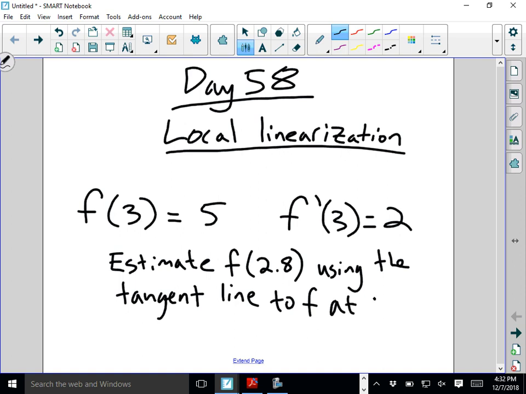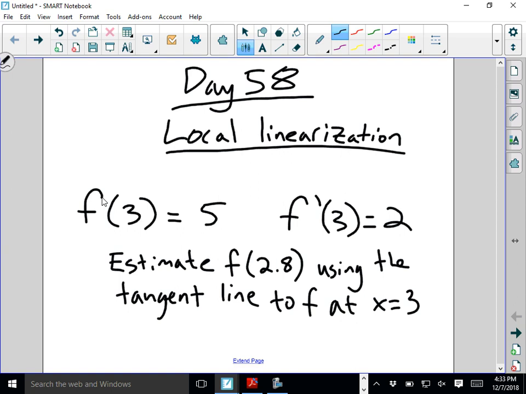Okay. So right now there's no way I could ever figure out what f of 2.8 is, because I don't know f of x, right? If I had f of x, I would just plug in 2.8 and see what it gave me. Now, just thinking about this, f of 2.8, since we know f of 3 is 5, should be some number that's pretty close to 5, right?